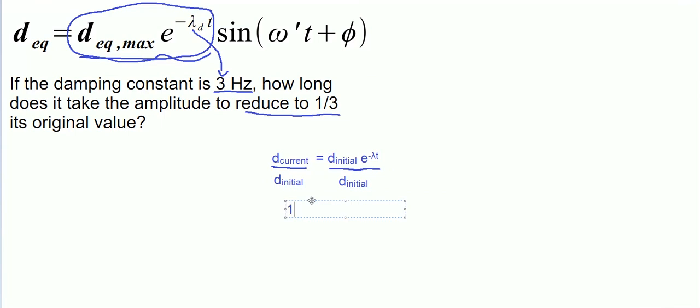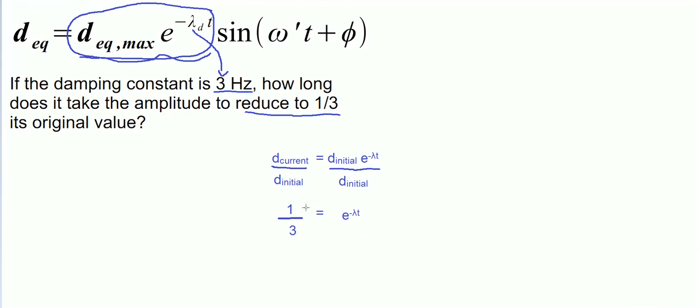So this gives us 1/3 on the left-hand side, and on the right-hand side, we are simply left with the exponential term.